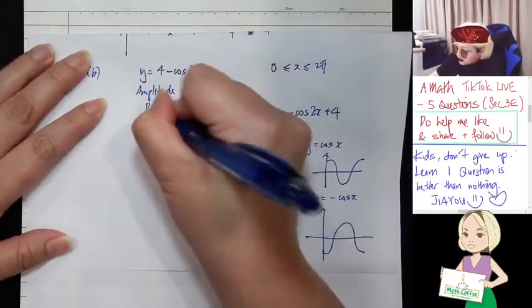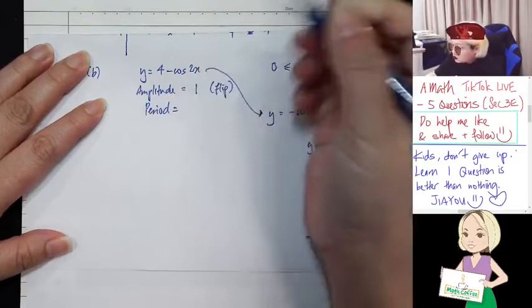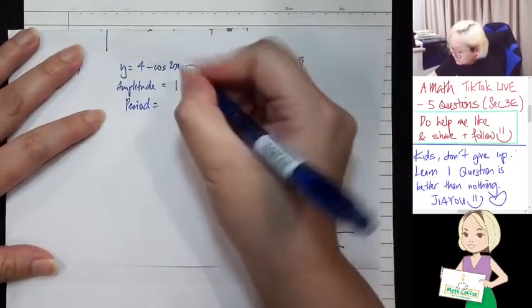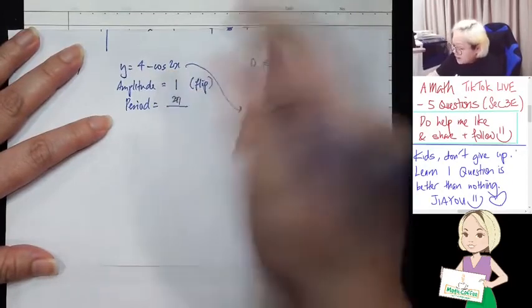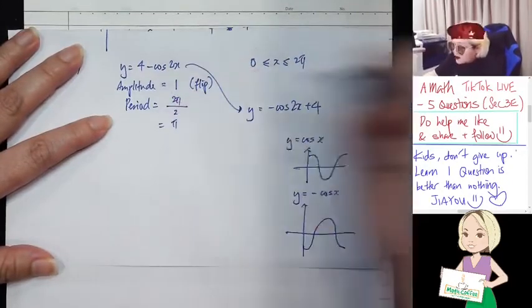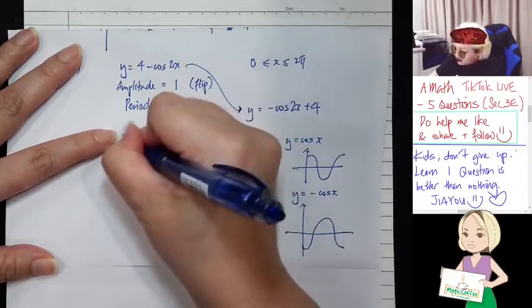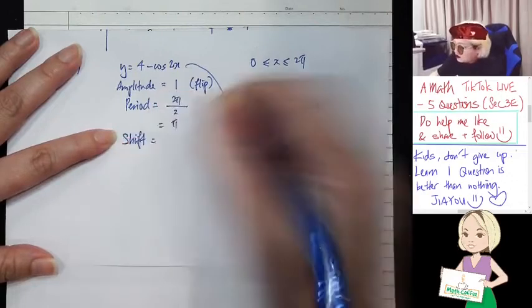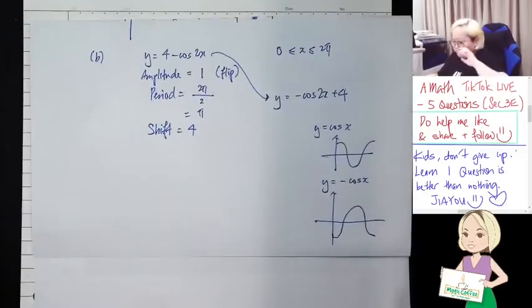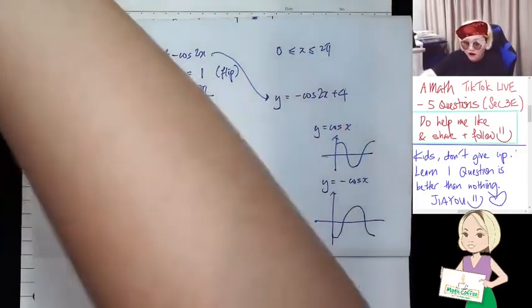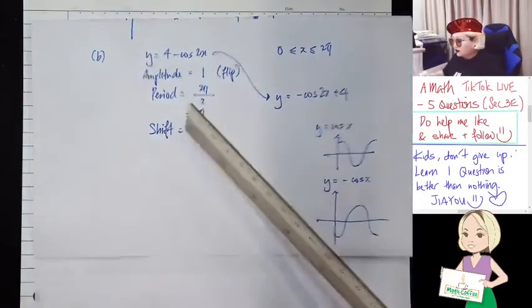Then go through the thinking process again. The period will be 2 pi divided by the number in front of the x. So it is still pi. Then we have a shift. The shift is 4. Okay, so let's draw the graph. So you know that this one, the shift is 4.